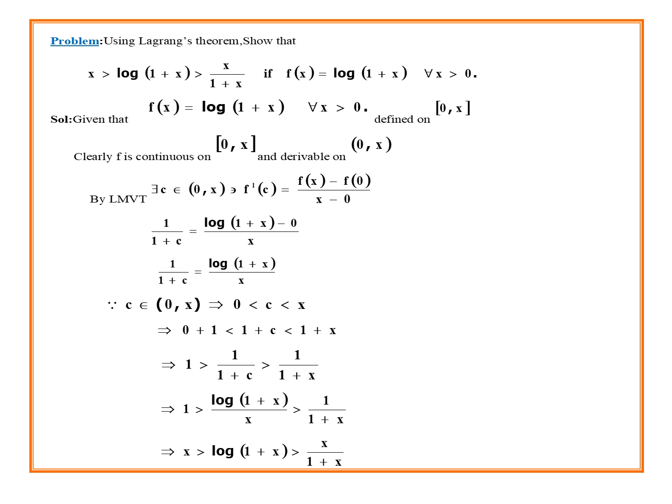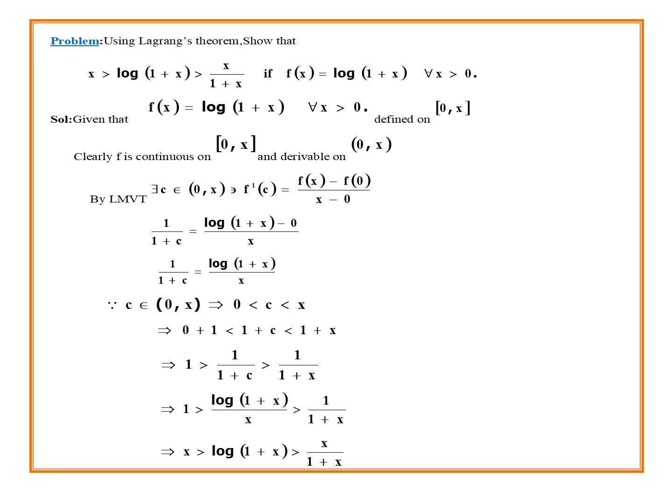By Lagrange's mean value theorem, there exists c belonging to the open interval (0, x) such that f'(c) = (f(x) - f(0))/(x - 0). So clearly 1/(1 + c) = (log(1 + x) - 0)/x, that is 1/(1 + c) = log(1 + x)/x.